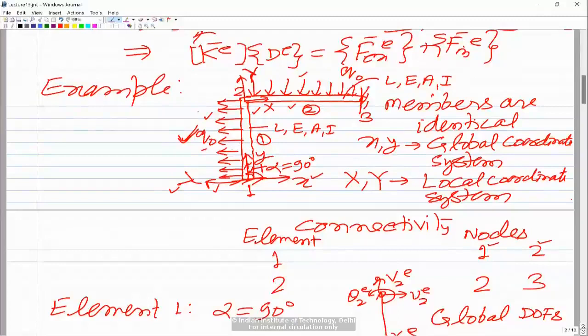In the first element, there is a load only along the global y direction, so Qy is equal to Q naught, but Qx equals 0. Are you able to recognize that? Yes, sir. Thank you, sir.